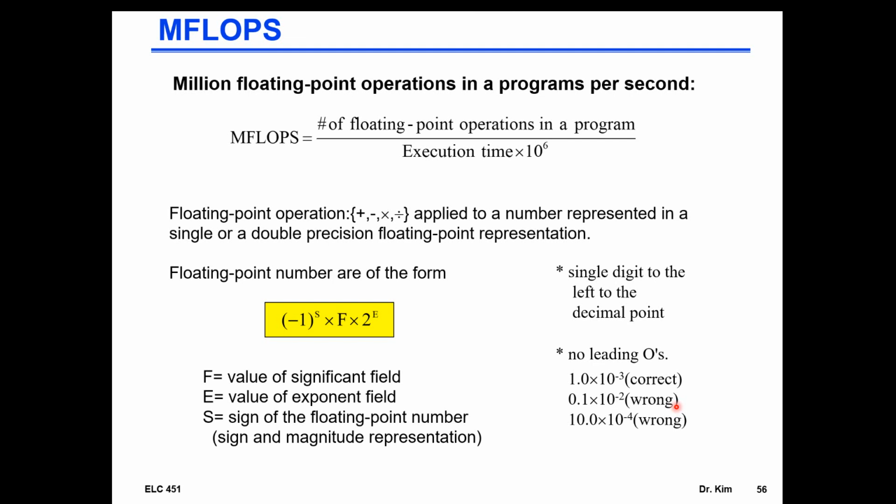Know that, mainly in the microcontroller market, a lot of microcontrollers don't have floating point units. The floating point operations are done with software. But this is another metric that is used.